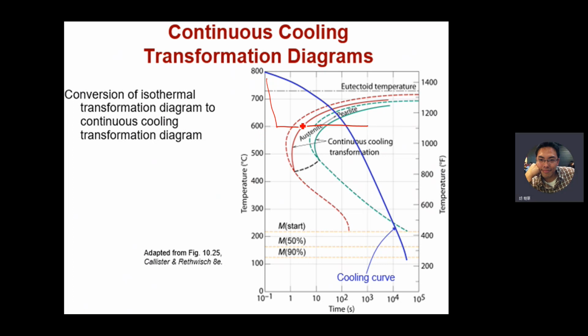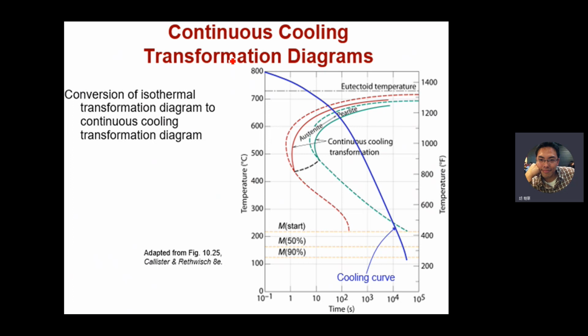And we know the eutectoid starts to form at this point, and the phase completely transforms to pearlite at this point. It's the dotted line. However, in the real case, the cooling rate is rapid.